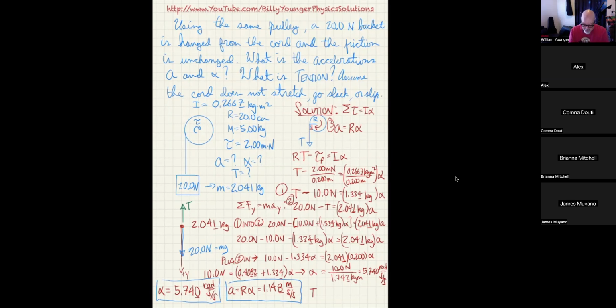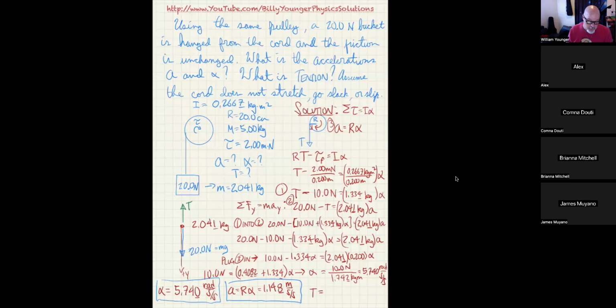I'm not going to take the time to show it because I think y'all can see that yourself, and I'm running out of space on here. So I'm going to say 10 plus, I'm taking the 1.334, and I'm going to multiply that by the alpha, which was 5.740.